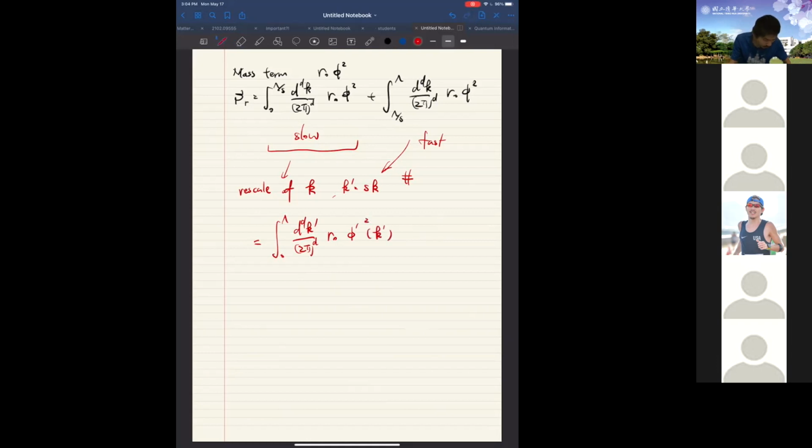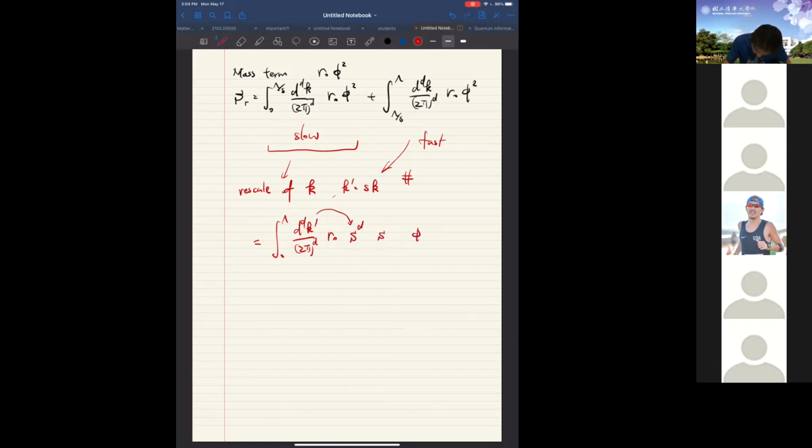To be precise, the rescaling will give an s to the power d from this part, and there's no addition.